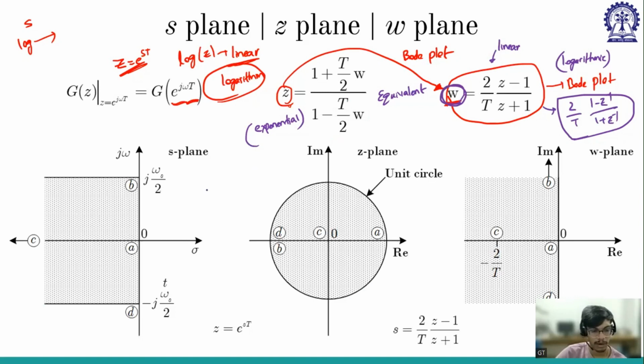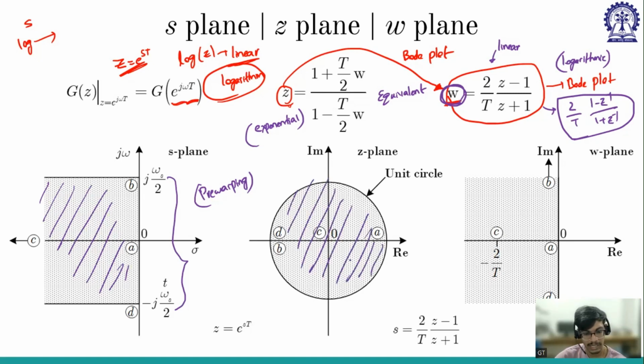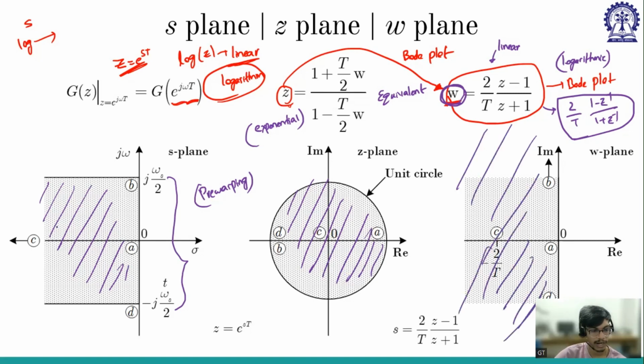Because there is something called the warping issue. I'm not going into the digital part; this is beyond the course. There will be multiple such strips. We have considered one strip from omega s by 2 to minus omega s by 2. Any point in this region is equivalent to mod z less than 1, which is equivalent to the entire left half of the plane.